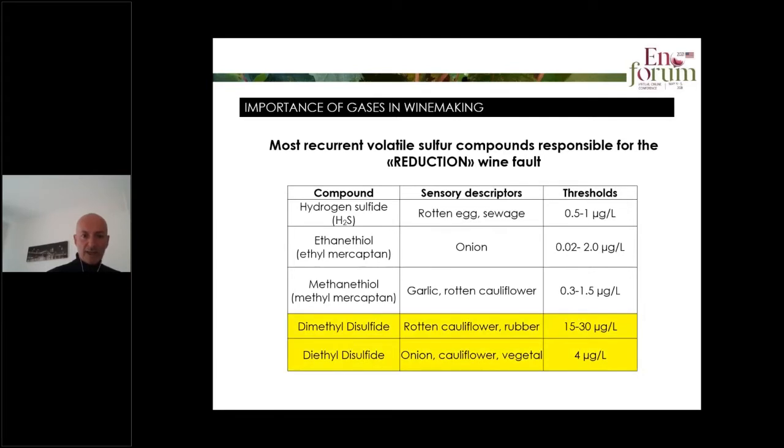I want to highlight the difference between the first three molecules, which are the mercaptans, and the last two, which are the disulfides. If we look at the third column, you see that the thresholds for the disulfides are much higher than the mercaptans, and I'm going to get back to this point later in my presentation.